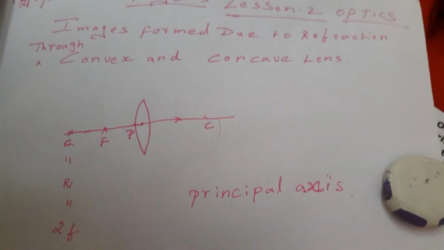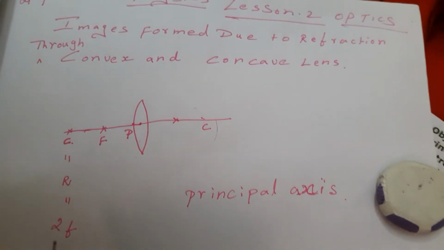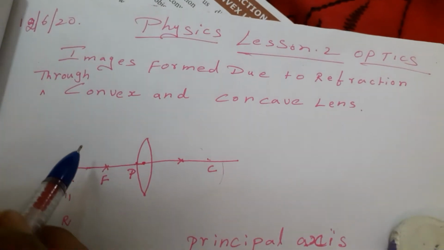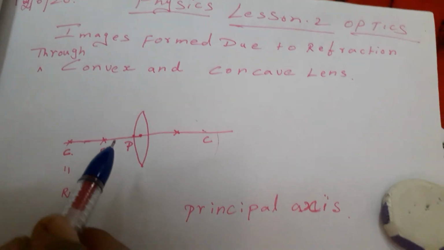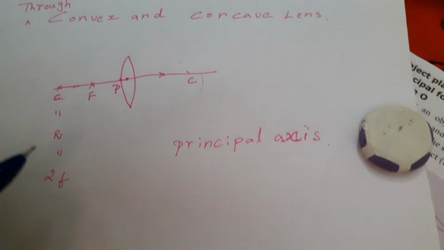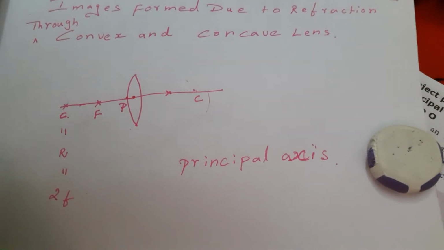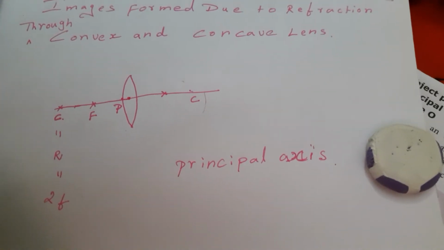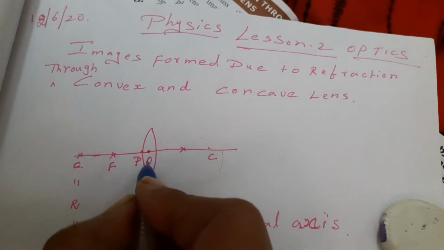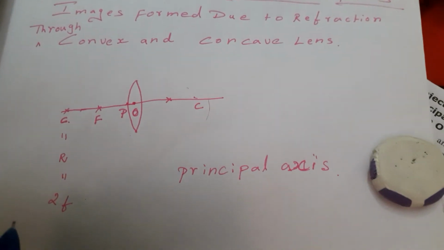The first one we are going to see, the first rule: the ray of light which is passing through the optic center. When a ray of light strikes the convex or concave lens obliquely at its optic center, noted as O, it won't deviate.